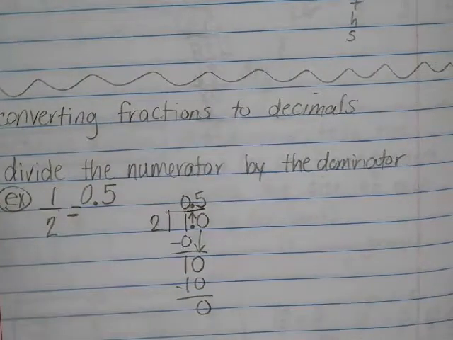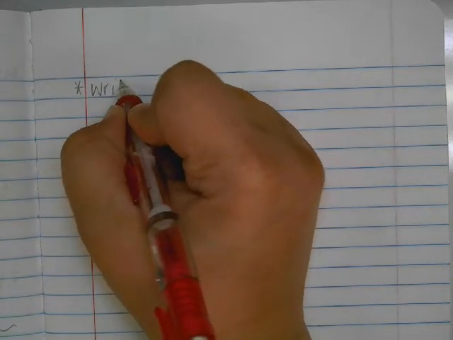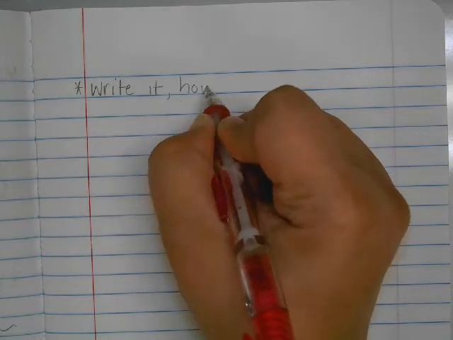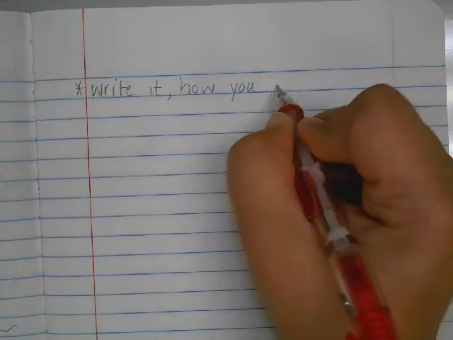The next thing you can do to convert a fraction to a decimal is simply write it how you read it.